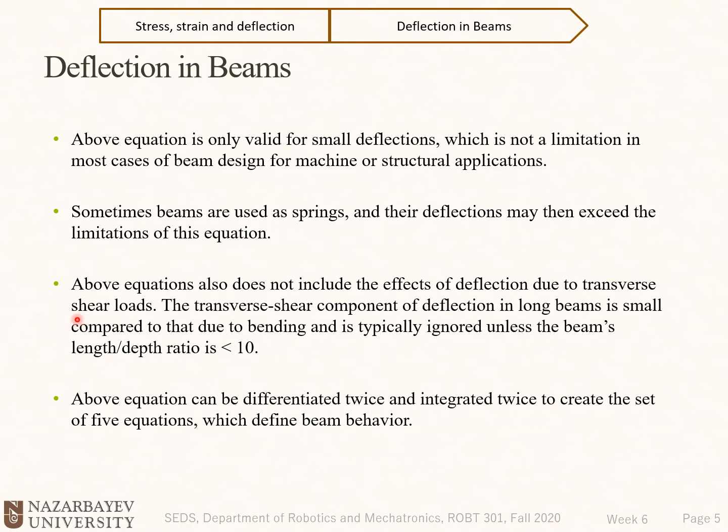The transverse shear component of deflection in long beams is small compared to that due to bending, and is typically ignored unless the beam's length-to-depth ratio is less than 10. The above equation can be differentiated twice and integrated twice to create the set of five equations which define beam behavior.